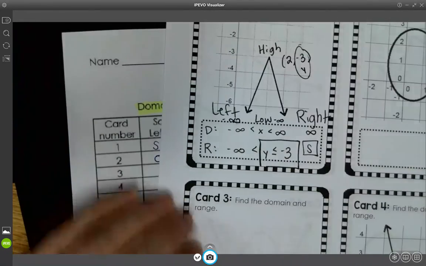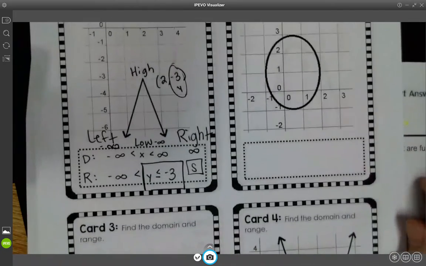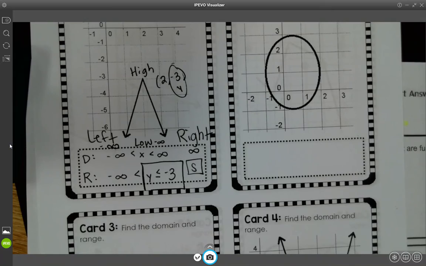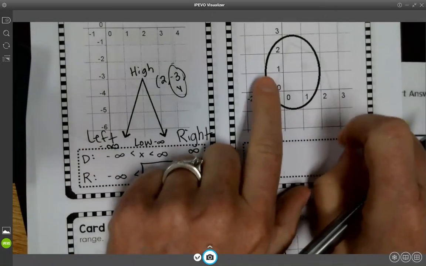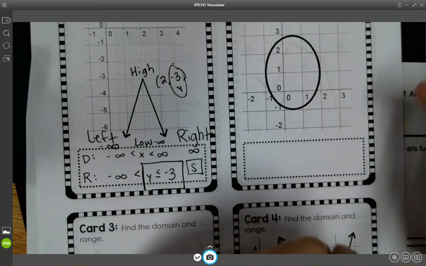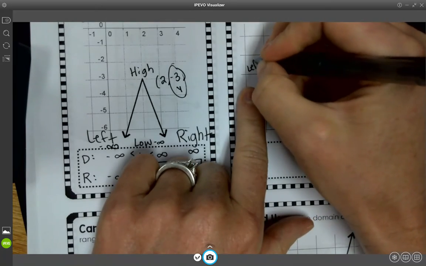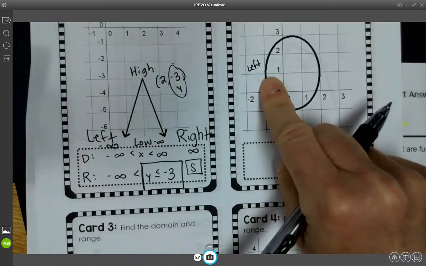Okay, so for number 2, we're going to do domain and range also. So we're doing the same thing, left and right. So it's a circle, which kind of gets you confused at first, but you just have to remember it's domain, left and right. So how far left? It goes over here to this point.